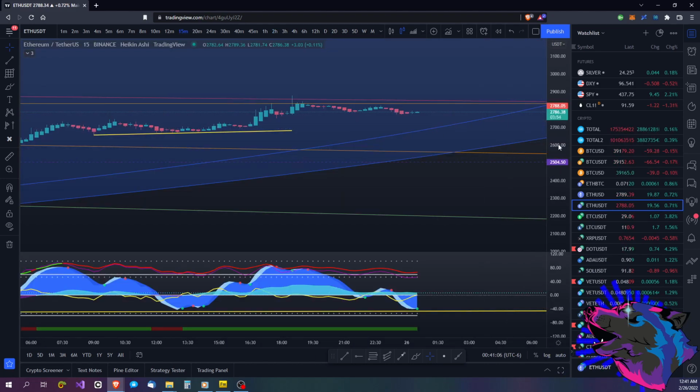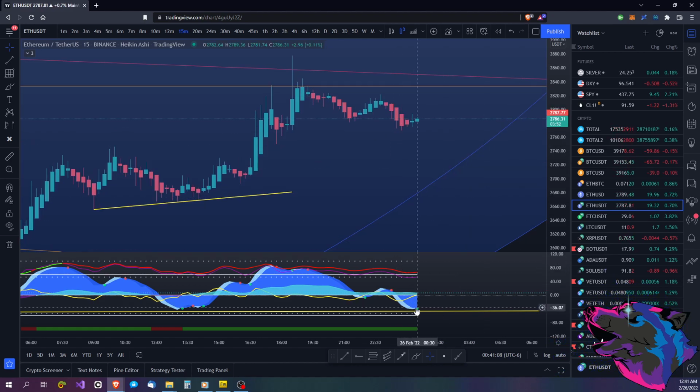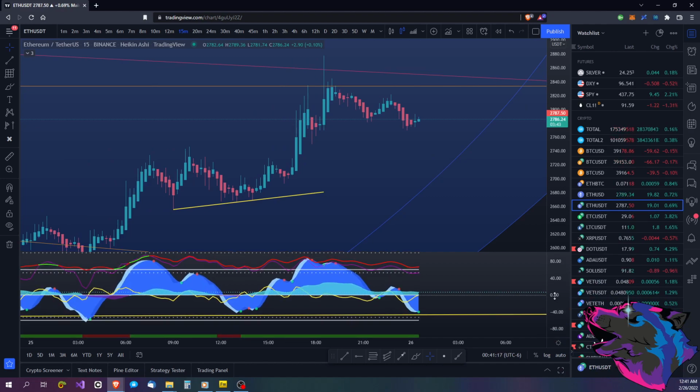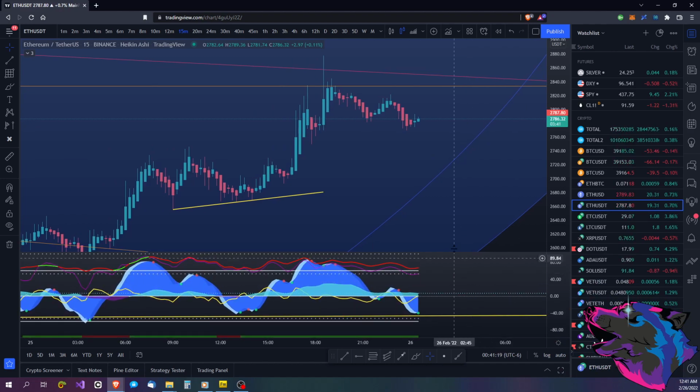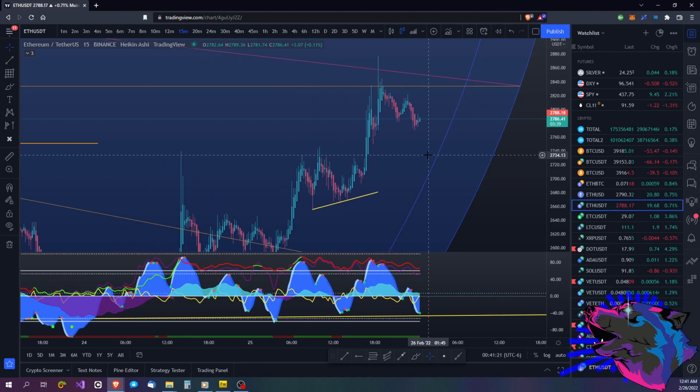Let's see, down on the 15. Curling back up, VWAP crossing. RSI staying fairly tight. All right, all right, all right.